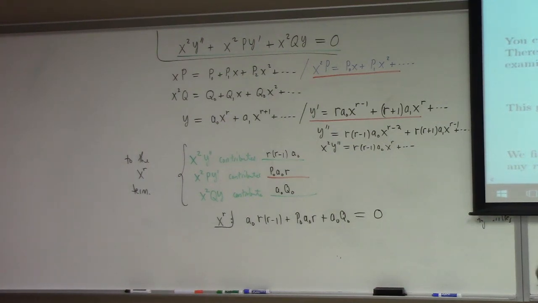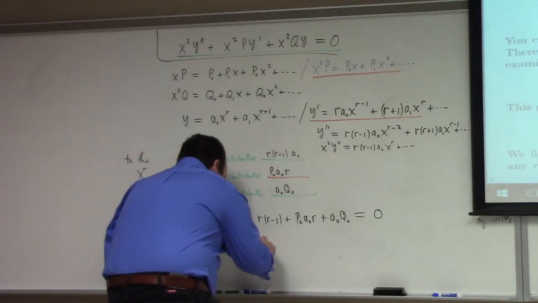So that gives you two choices, right? I mean, there's an a sub naught we can pull out, right? So we pull out a sub naught.